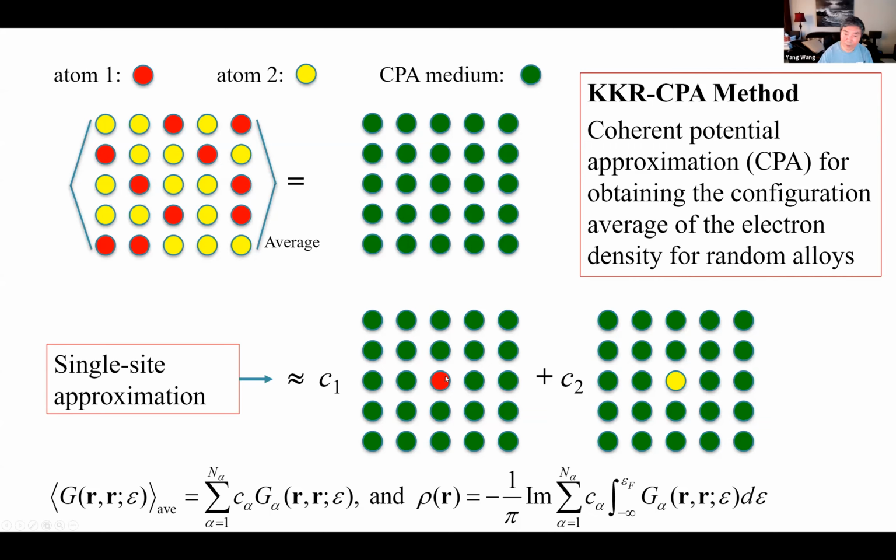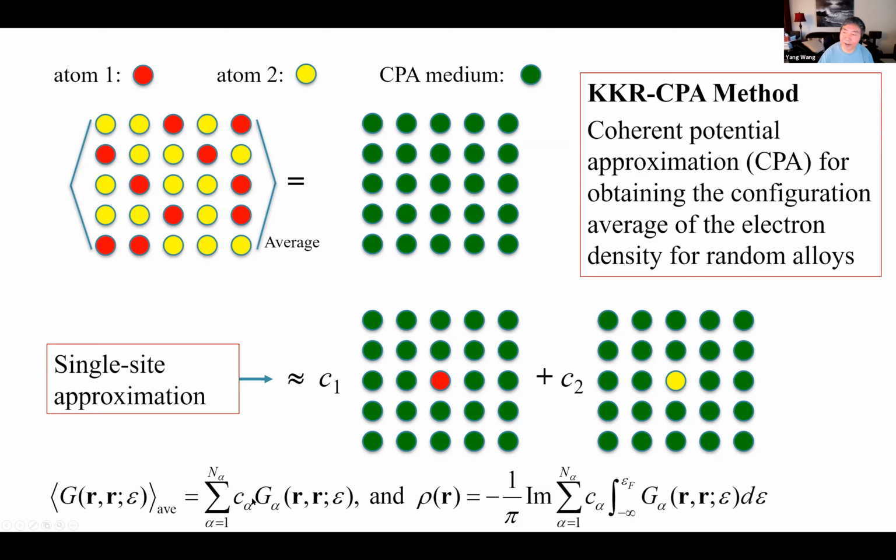Okay, we know exactly how to calculate the tau matrix for this particular atom. So once we have that, we can calculate the Green's function for it. So we know exactly how to calculate G alpha, the Green's function for this particular atom. Alpha is 1 or 2. In general, alpha could be 1 to n alpha, depending on how many species there are.